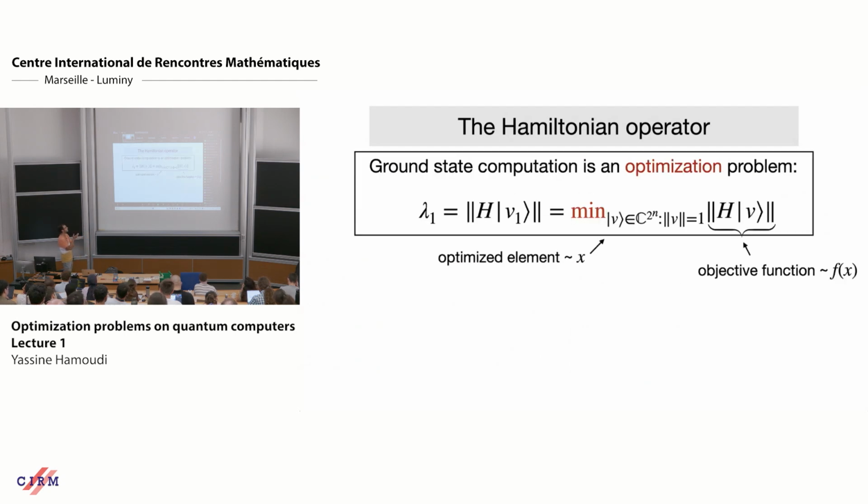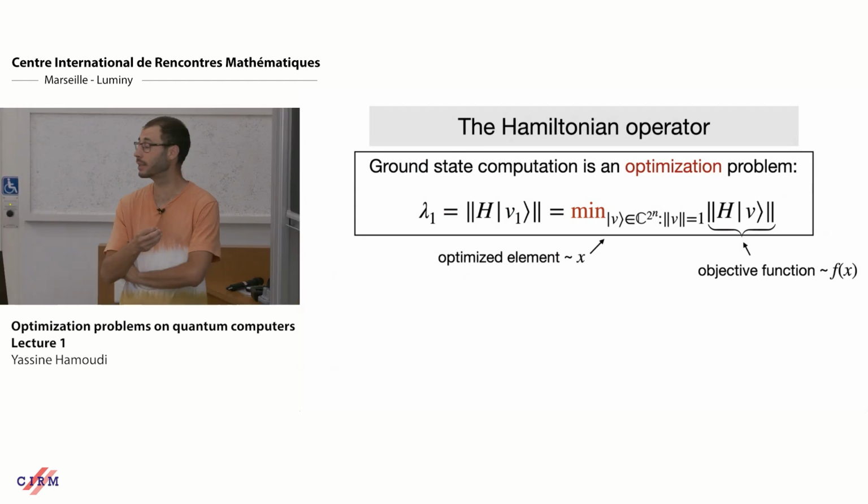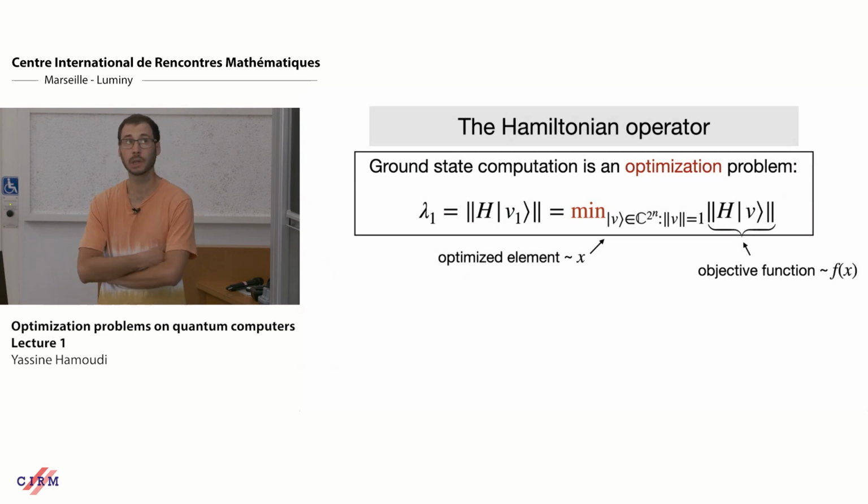So my claim is that computing the ground state, the one that has the smallest eigenvalue, is exactly an optimization problem. I'm just rephrasing what is lambda 1 and V1. So lambda 1, the smallest eigenvalue, is equal to the norm of the state obtained by applying H on V1.